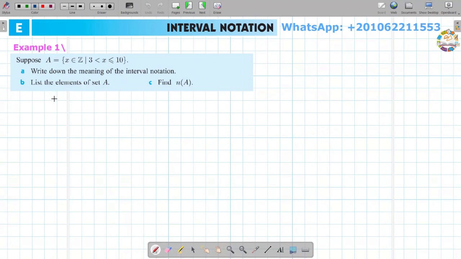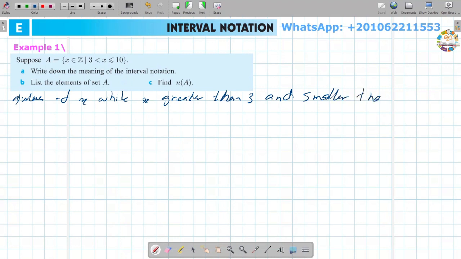The meaning is values of x while x is greater than 3 and smaller than or equal to 10.